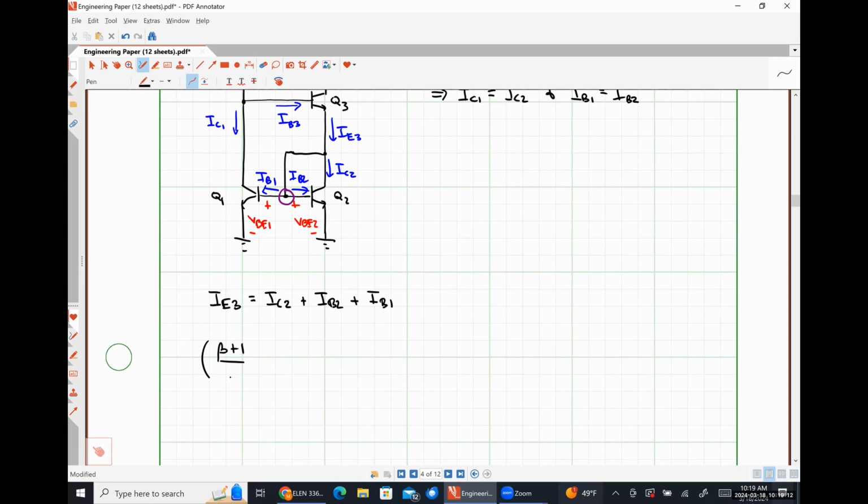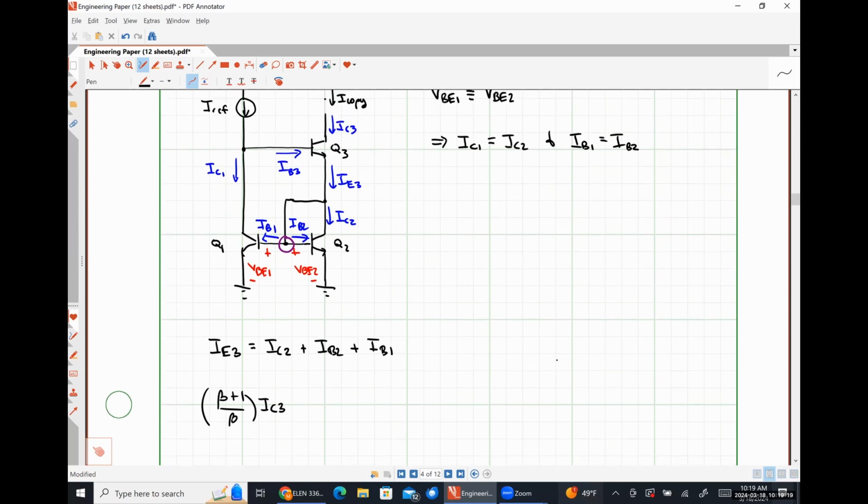IE3 is just going to be beta plus 1 over beta times IC3, which is just our copy current there.